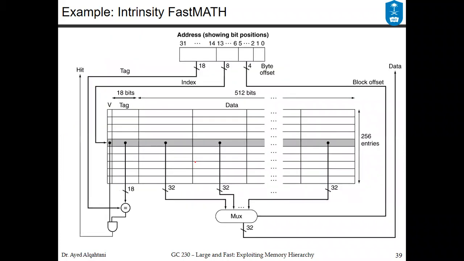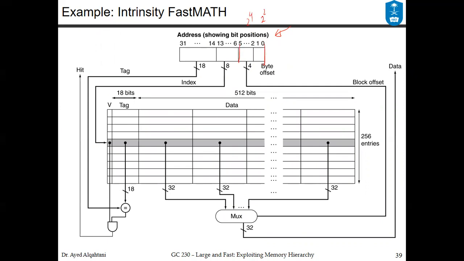Now, to see the breakdown of this kind of cache, whether it is instruction cache or data cache, we need to get the address subdivision first. So for the address subdivision, we have 2 to the power of 2 and 2 to the power of 4 as the offset.